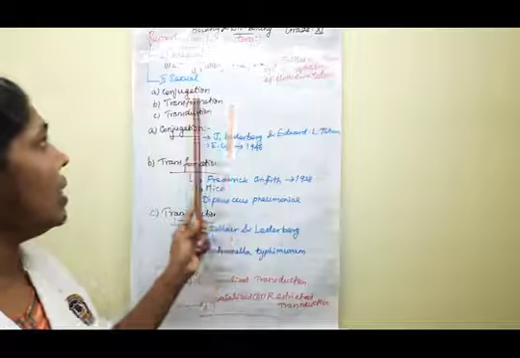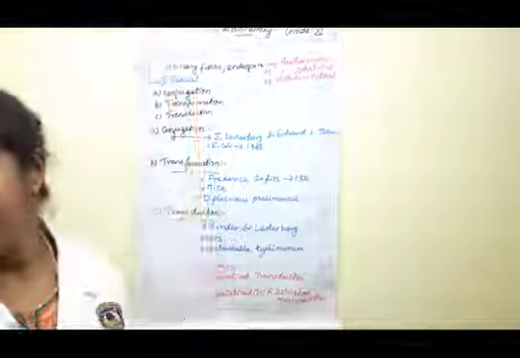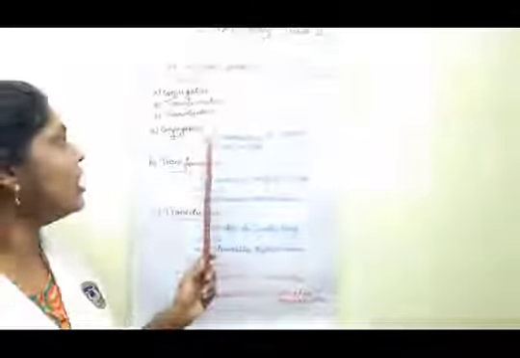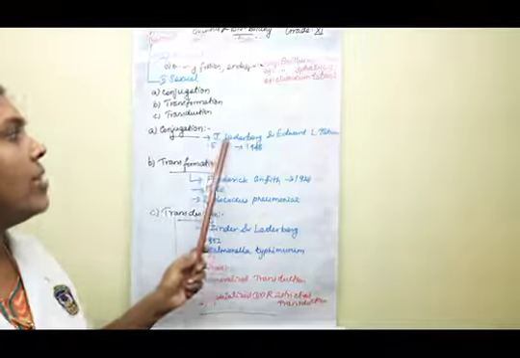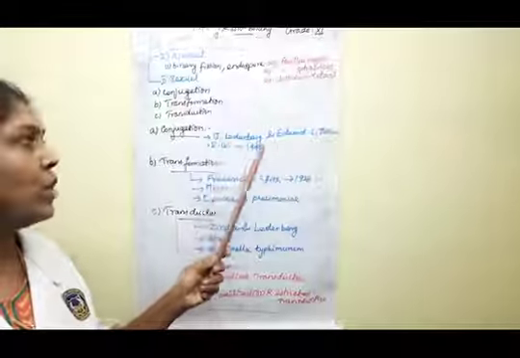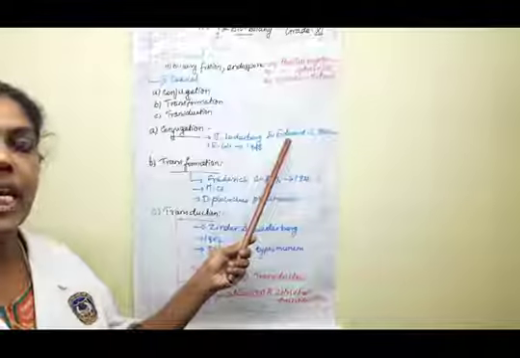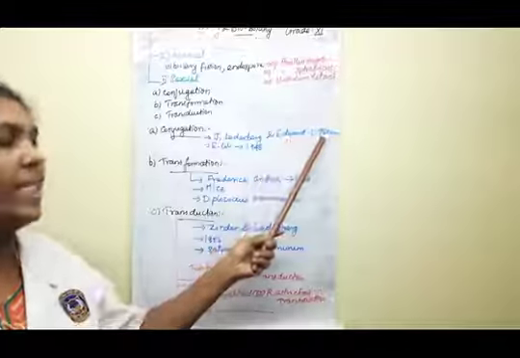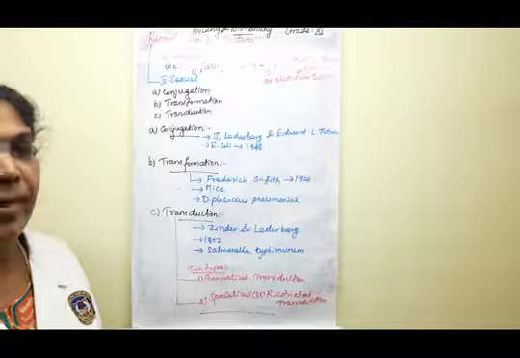First method, conjugation. This method was discovered by Joshua Lederberg and Edward Tatum.